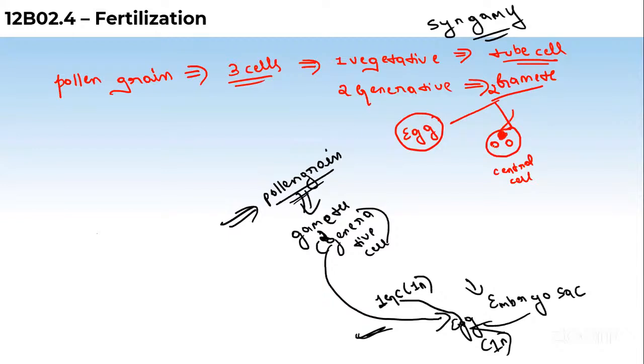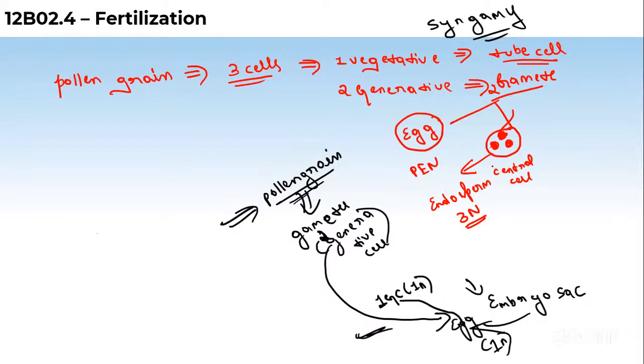Now you can see there will be three nuclei, so this is the endosperm, and it is 3N. The primary endosperm nucleus we also call PEN.